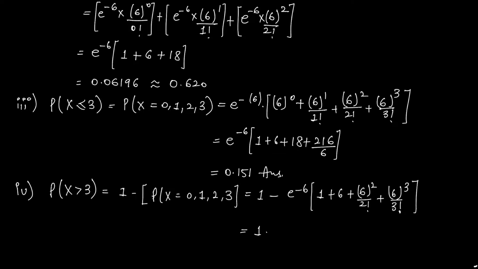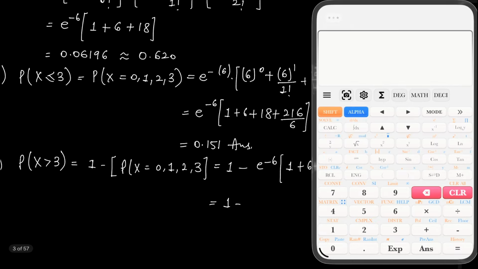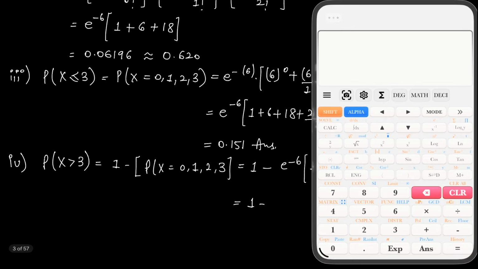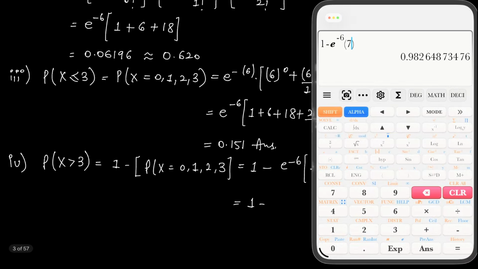So I will write 1 minus, let's use bracket now, calculator now. So we will write 1 minus e raised to the power minus 6 now, and then let's open up the brackets. In the brackets we are having 1 plus 6, that is 7, plus in the numerator I am having 6 raised to the power 2 over 2 factorial. 2 factorial is actually 2, so I have written it directly.